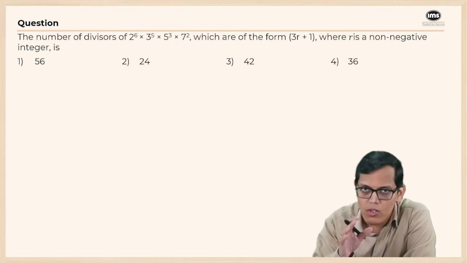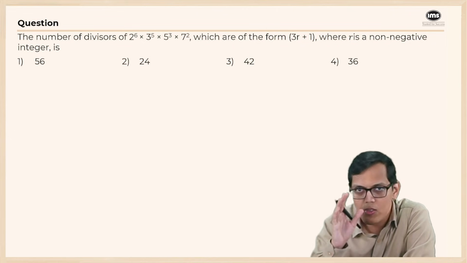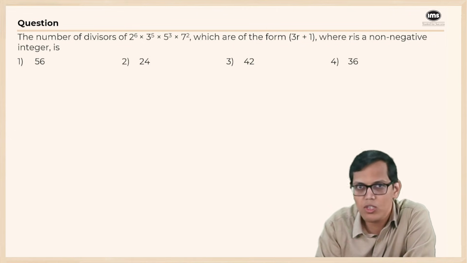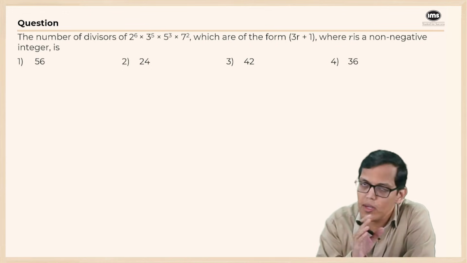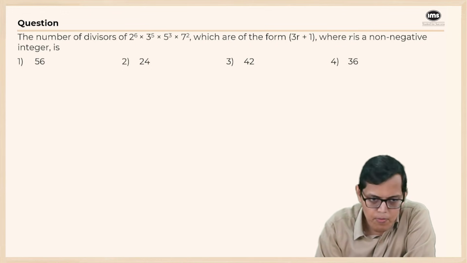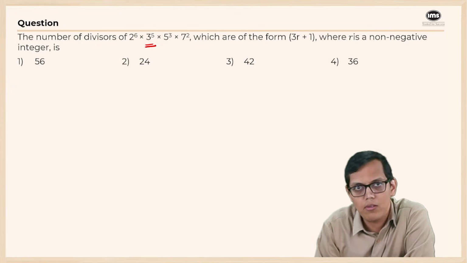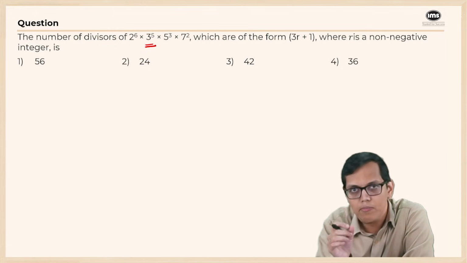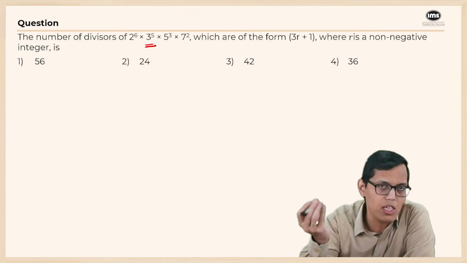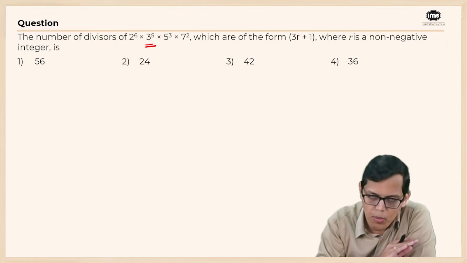Basically, the numbers that we are looking for should have two qualities. One, they should be factors of the large number, and they should leave remainder 1 when divided by 3. That means there is no point of including 3⁵ in the discussion, because if it becomes part of the factor of my answer, then the number itself will be a multiple of 3. So we should completely ignore that.